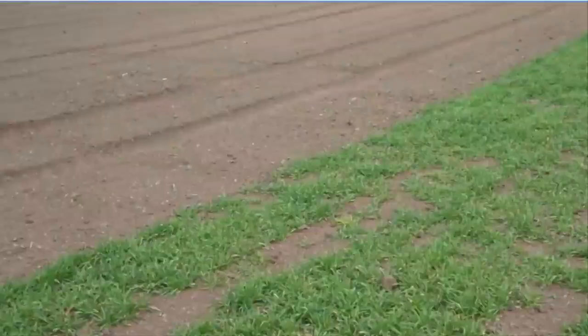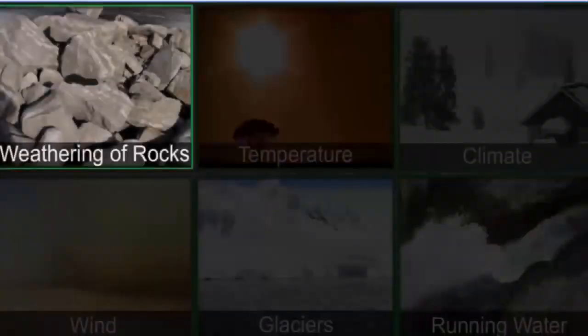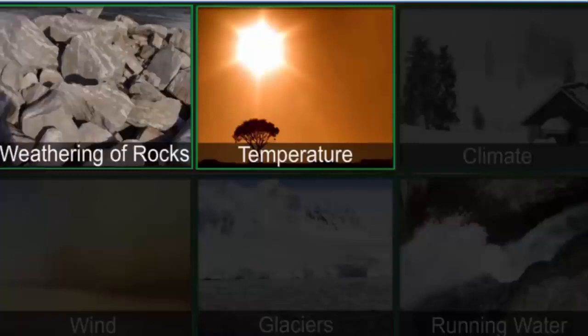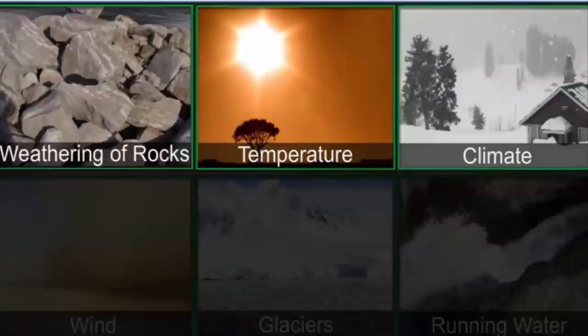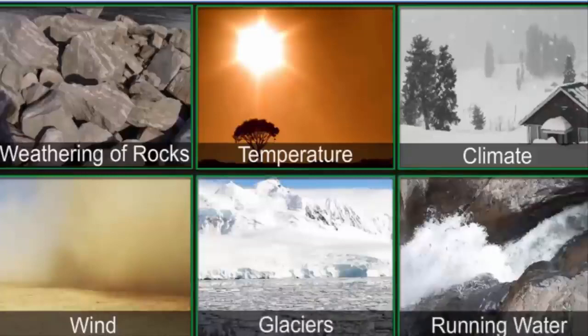Soil is formed over millions of years by weathering of rocks and minerals, and also by natural agents like variation in temperature, climate, wind, glaciers, and running water.